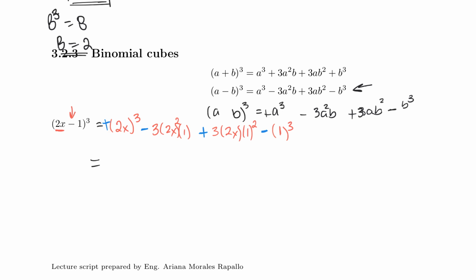For example, 2 cubed is 8x³, minus 2 squared is 4 times 3 is 12x, plus 1 squared is 1, times 2 is 2, times 3 is 6, 6x, minus 1. And this will be the binomial expansion.